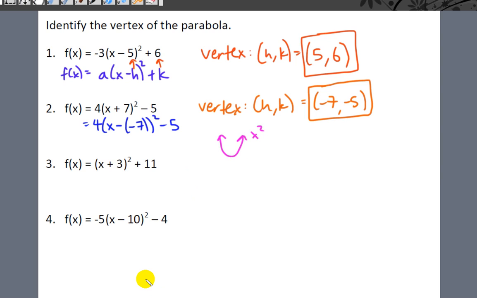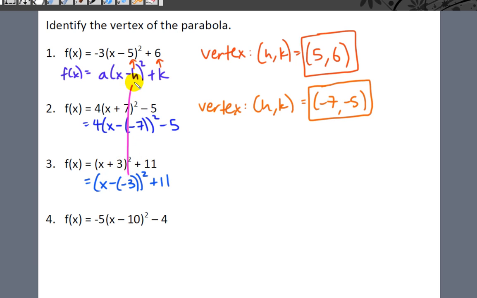Let's look at another example. f of x equals x plus 3 squared plus 11. Same idea. If you want to think about this in the context of transformations, that's fine. If you want to just manipulate the formula to find your vertex, you can do that as well.